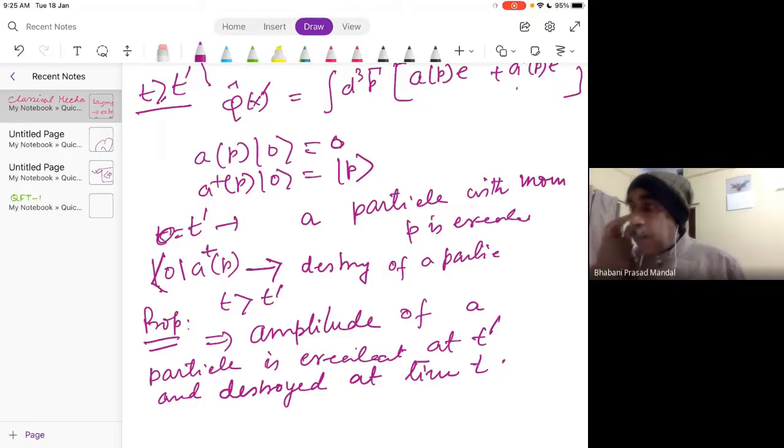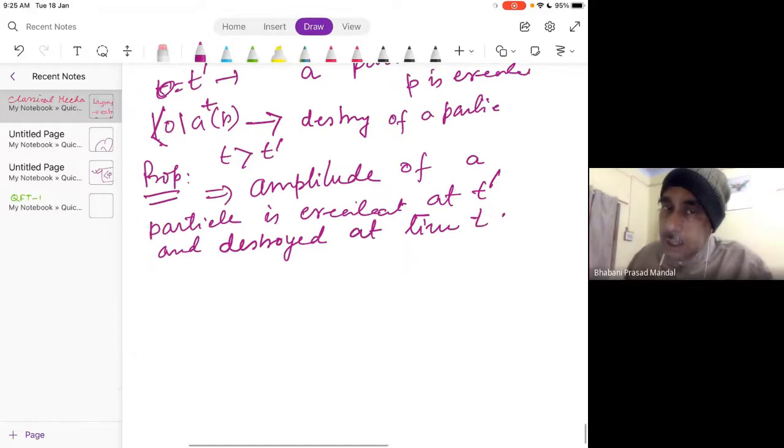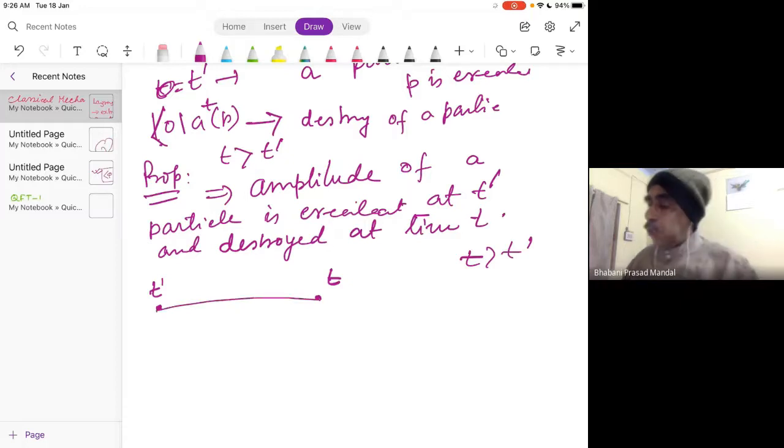So it is basically an amplitude. Or alternatively you can think that the particle is being created at t prime and destroyed at t because t is greater than t prime, and the amplitude of this process is given by the propagator.